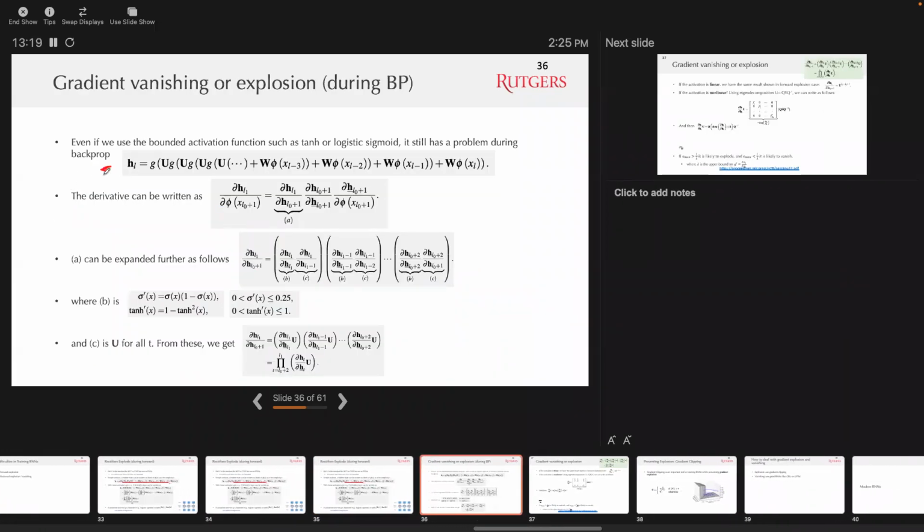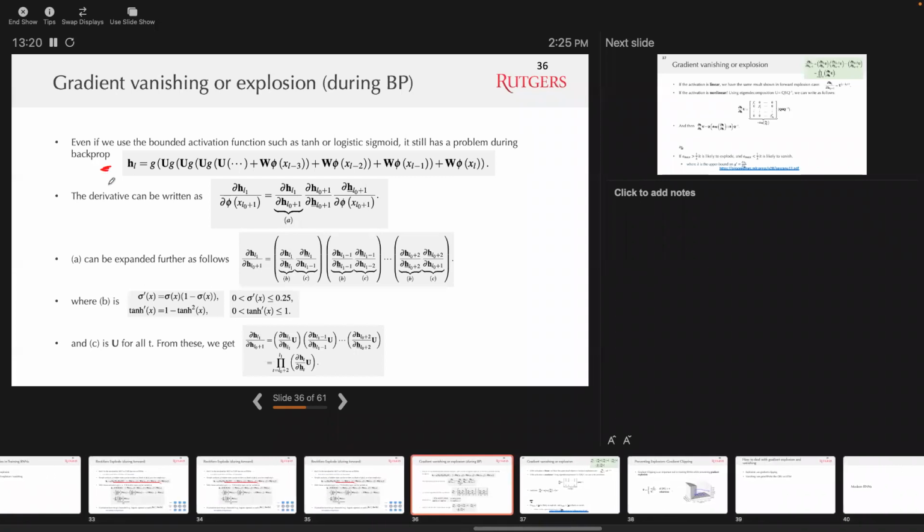And now let's analyze the gradient. Right? The gradient of some of the hidden state in some time step with respect to, so this is basically, the input in some previous time step relatively far away. So this is like you have a recurrent neural network. So this is your h, right?